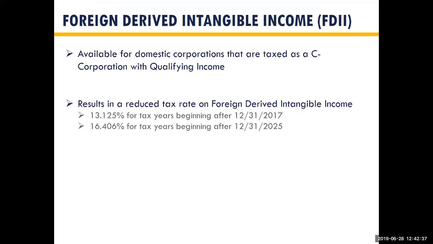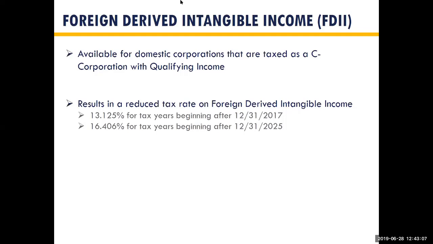we get all these cool acronyms with each of the forms. So FDII is what I like to call it: foreign derived intangible income. This is a new concept with tax reform. This is a preferential tax rate that some may qualify for if a domestic C Corp has qualified foreign derived intangible income.